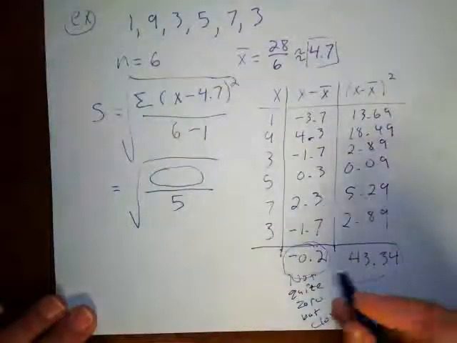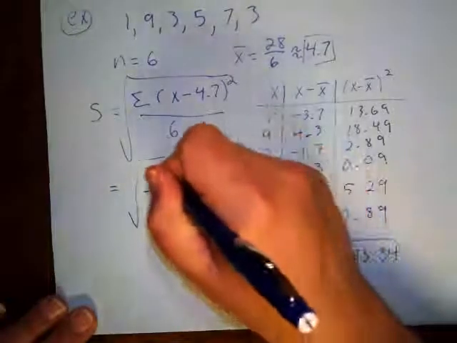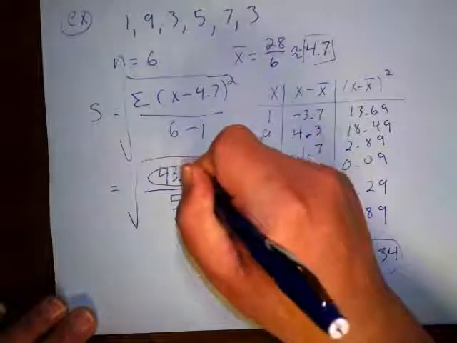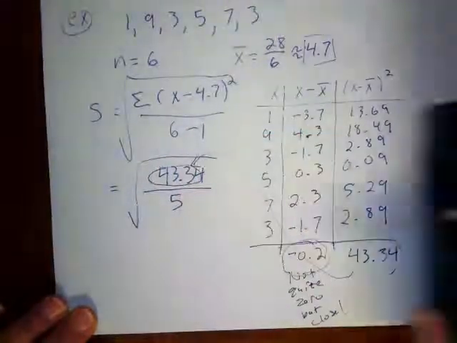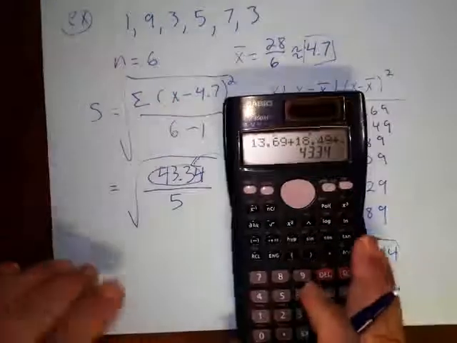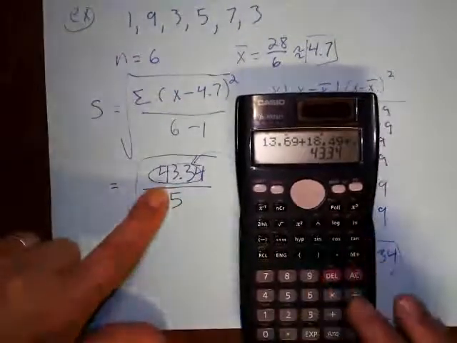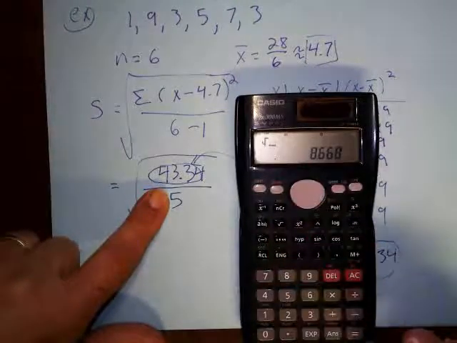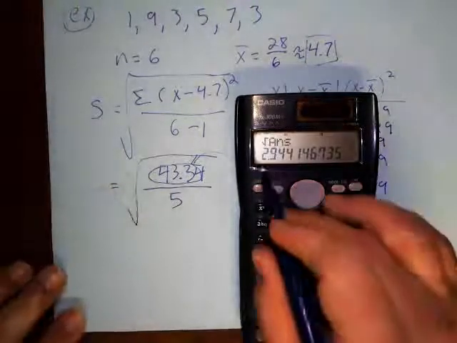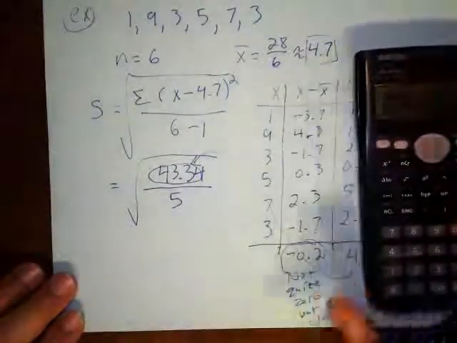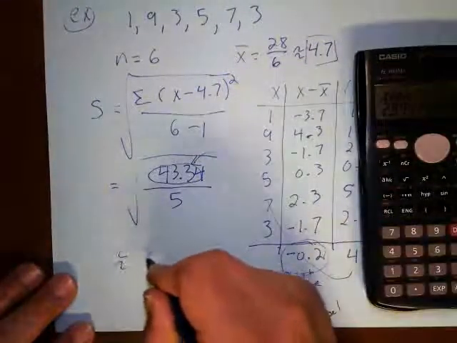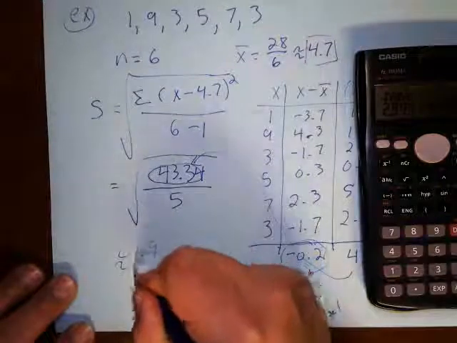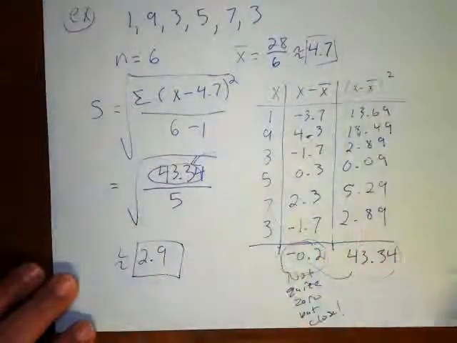Okay, so this is the number then that goes up here, 43.34. And so now I'm going to divide that by 5, and then I'm going to take the square root, and I get, this is going to round to 2.9, and that is the standard deviation.